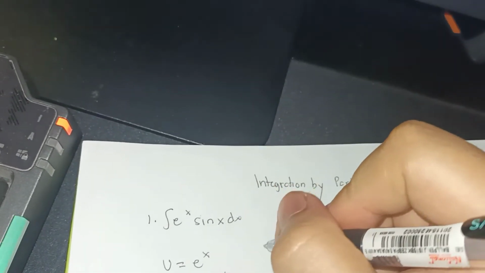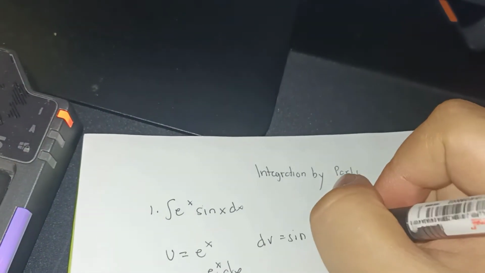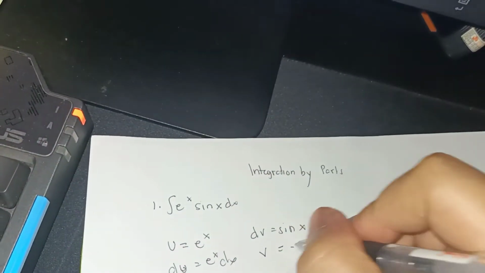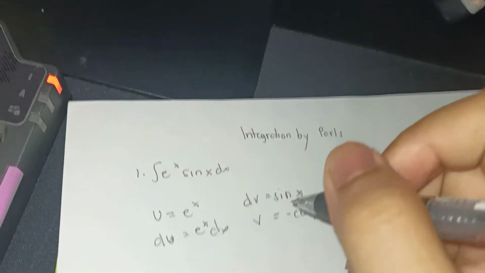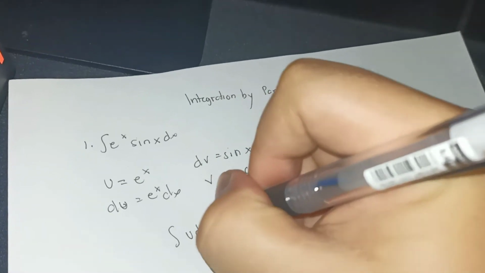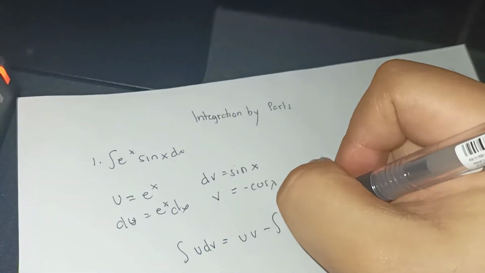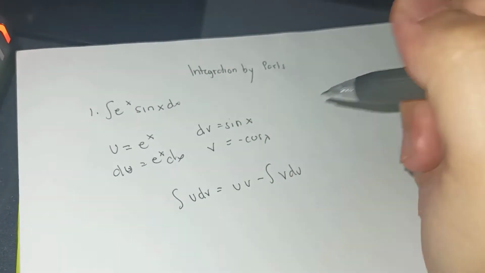Also, we need to find the dv, which is sine x dx, and then v will be its integral, negative cosine x. After that, the formula, by the way, is the integral of u dv equals uv minus the integral of v du. So you must follow that formula as always.